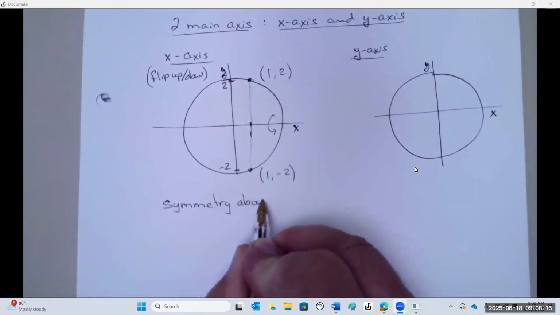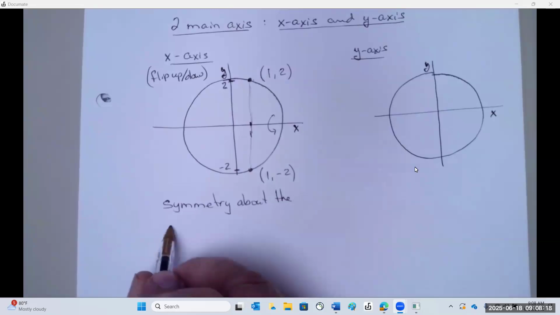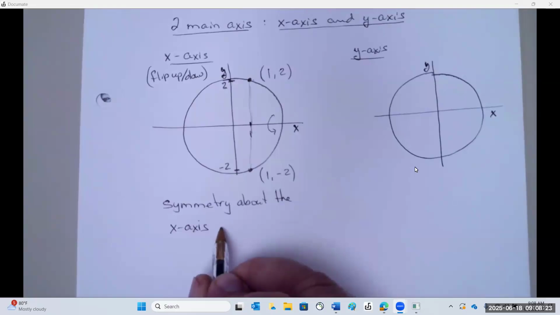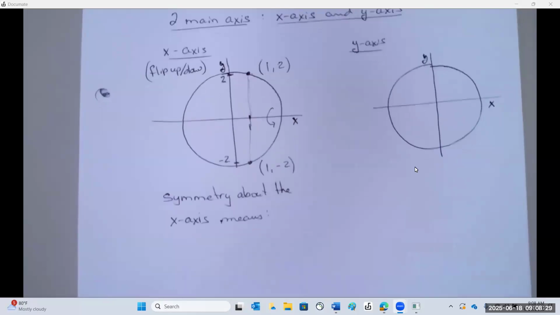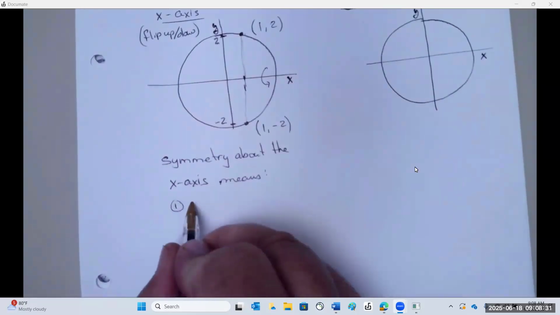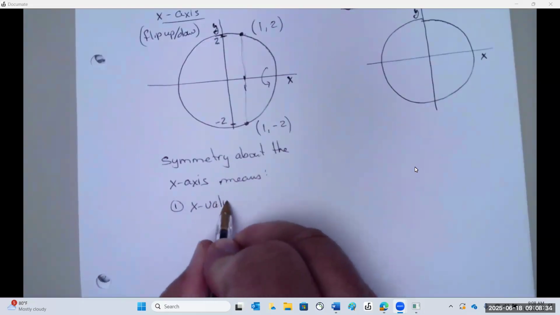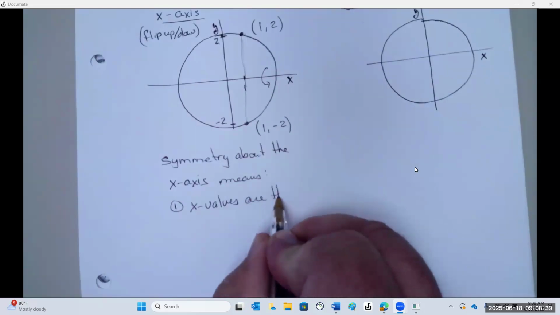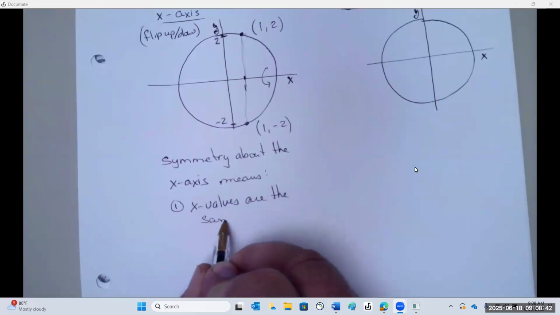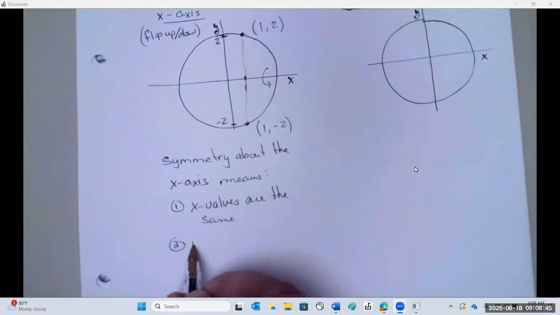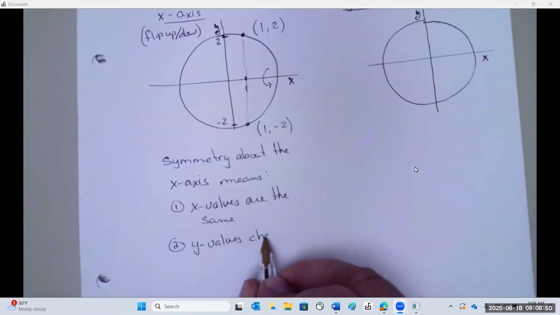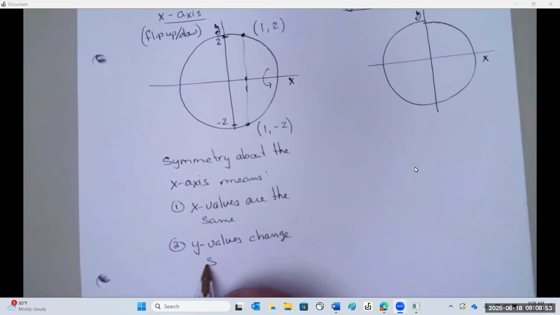Symmetry about the x-axis means the x values are the same, and the y values change signs.